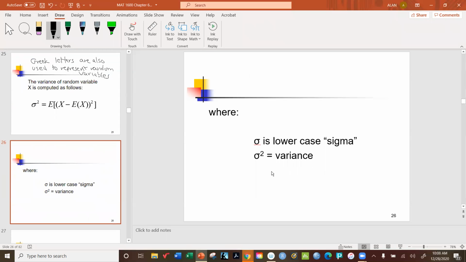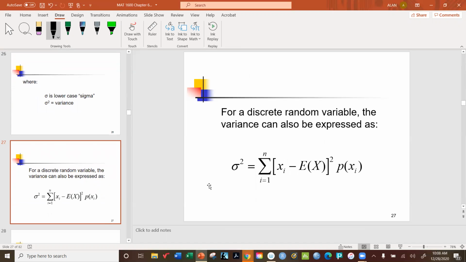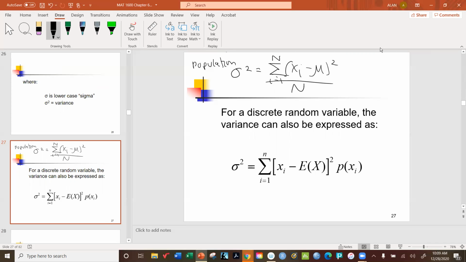All right, so what is this mysterious formula that we're looking for? And you recall from before, this is the lowercase sigma, and sigma squared is the variance. Now this looks a lot like what we did before, doesn't it? So for a population, we have x, and this is the population mean up here, which corresponds to the expected value of x.